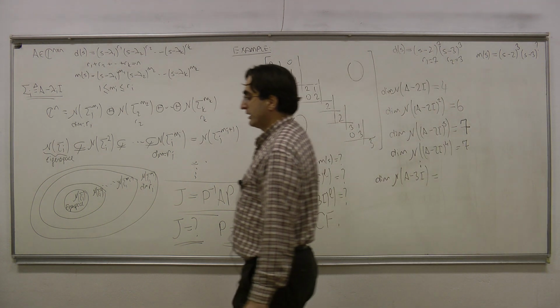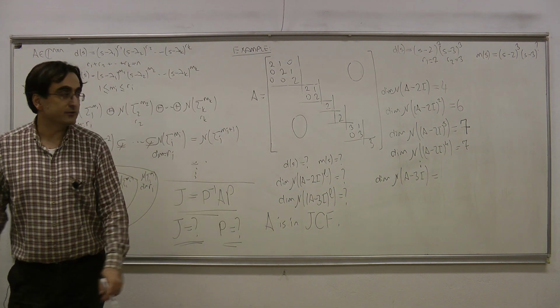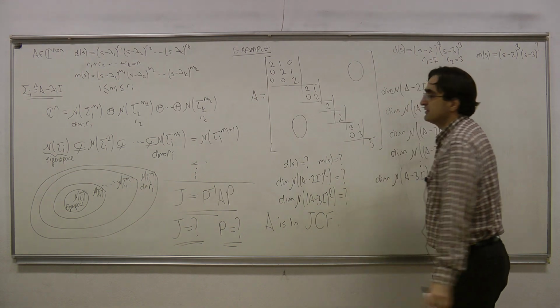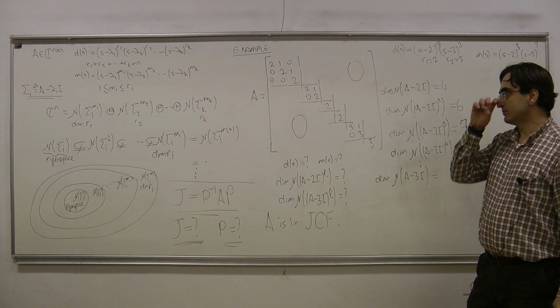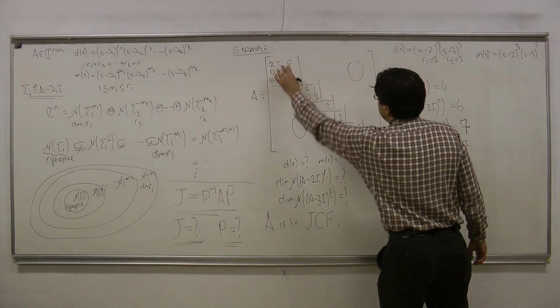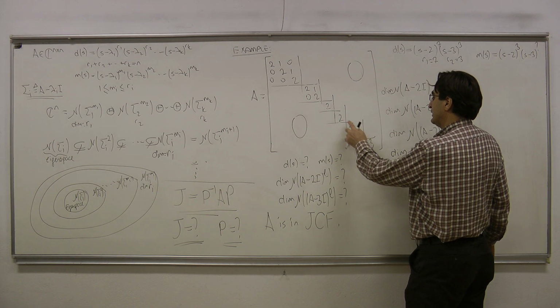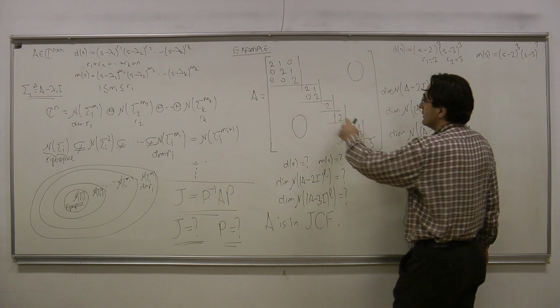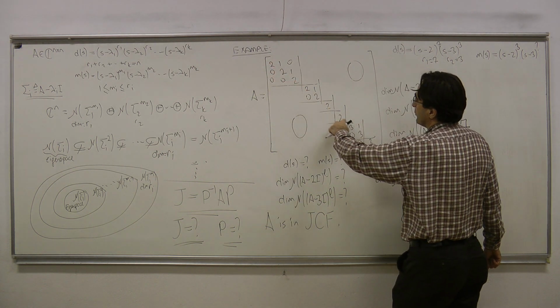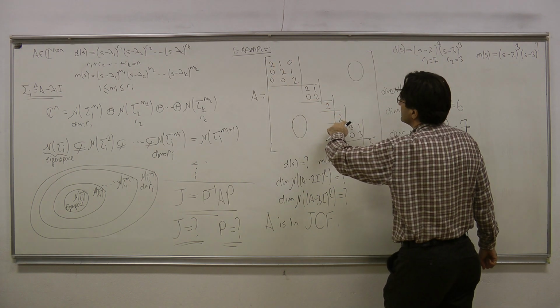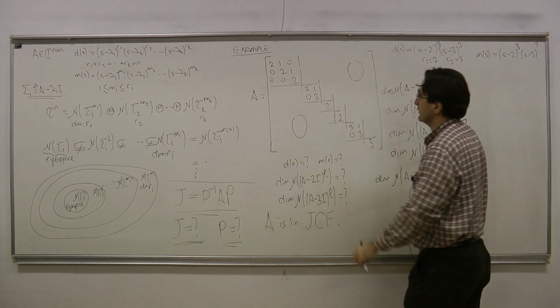This is the other matrix, A minus 3 identity. In that case, I will subtract 3 from the main diagonals of this matrix, and I would get 0, 0, 0 here, which is fine. But I would get -1 for all of these diagonal elements.